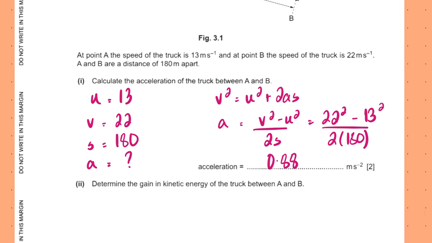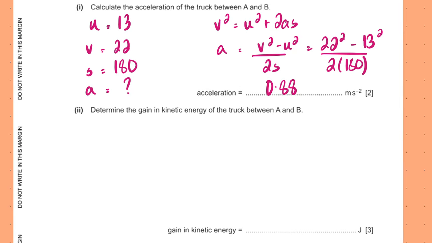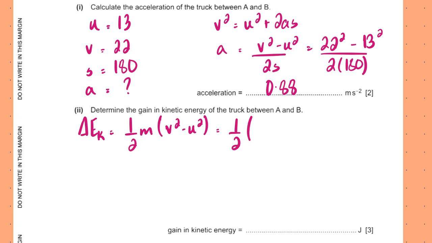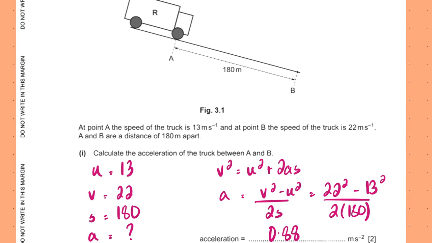correct to 2 SF. Determine the gain in kinetic energy of the truck between A and B. So for the gain in kinetic energy, I can use this formula, which is half m (v squared minus u squared). Keep in mind that it's not half m (v minus u) squared, it's half m (v squared minus u squared). So you first square the speeds and then you subtract.